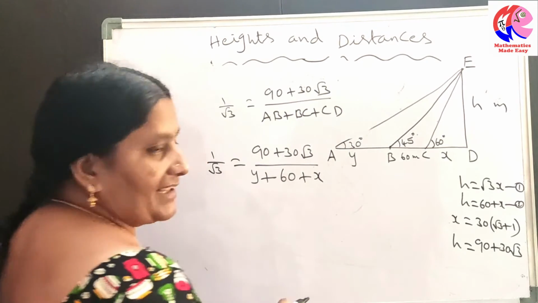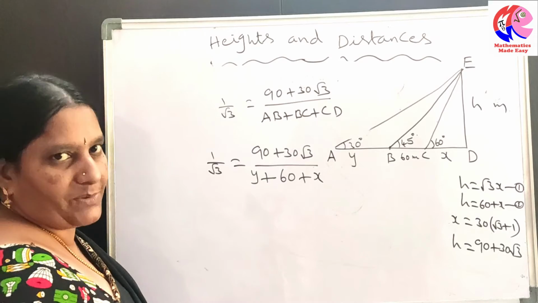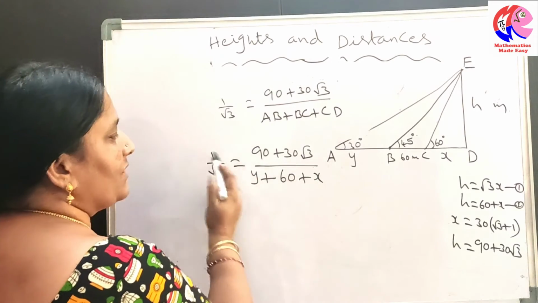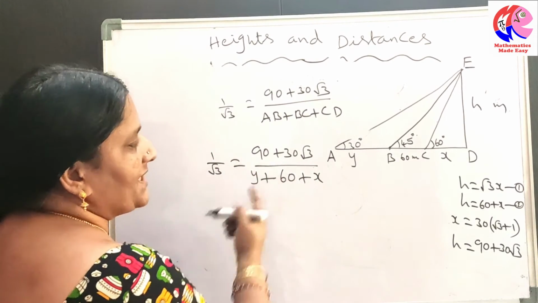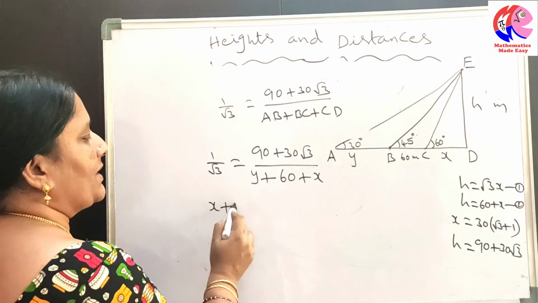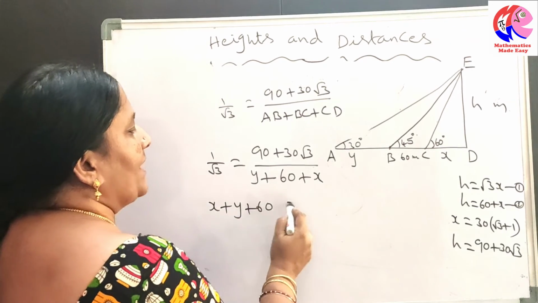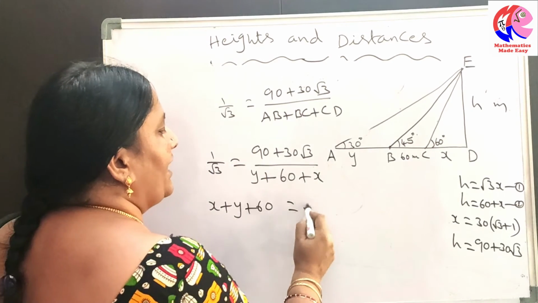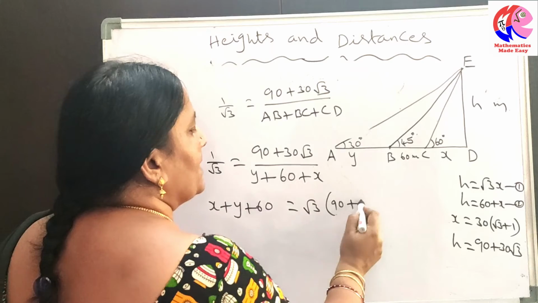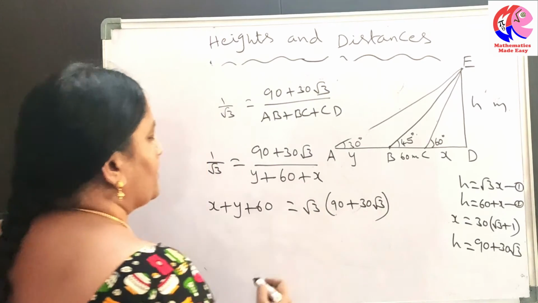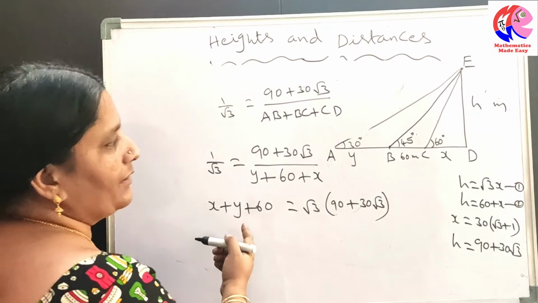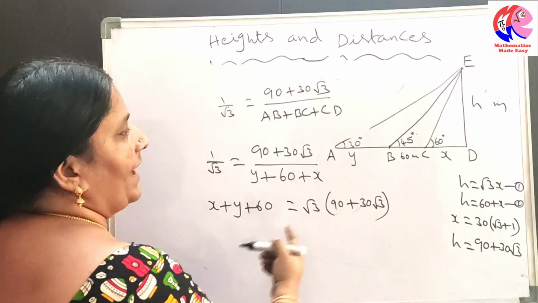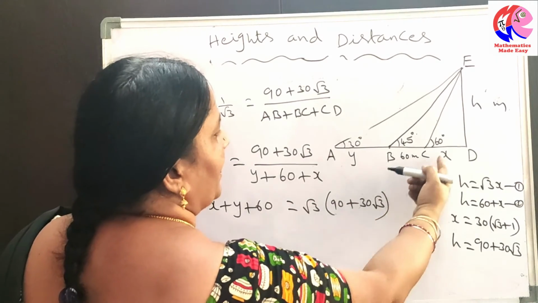Of course we calculated this value. In the next step let us substitute the value of x and then do the cross multiplication. 1 into this denominator we get x plus y plus 60 is equal to root 3 into 90 plus 30 root 3. So that y value we are going to find.